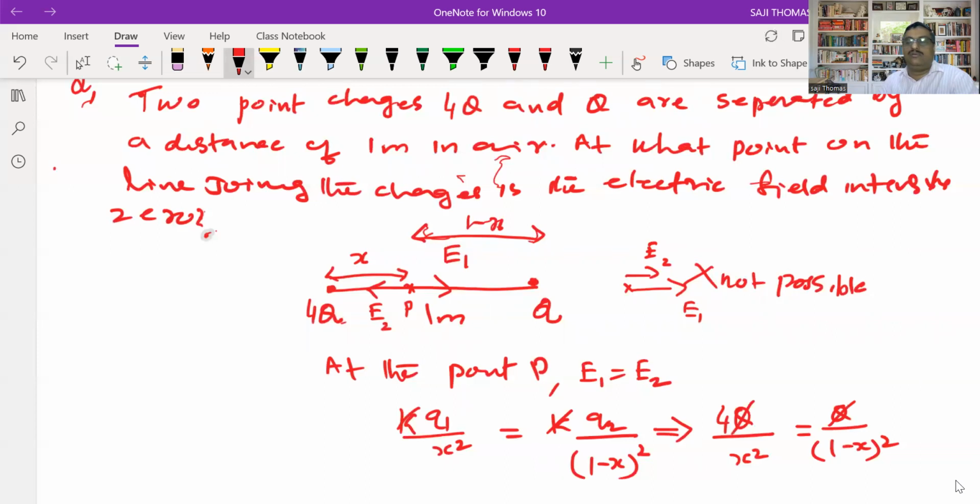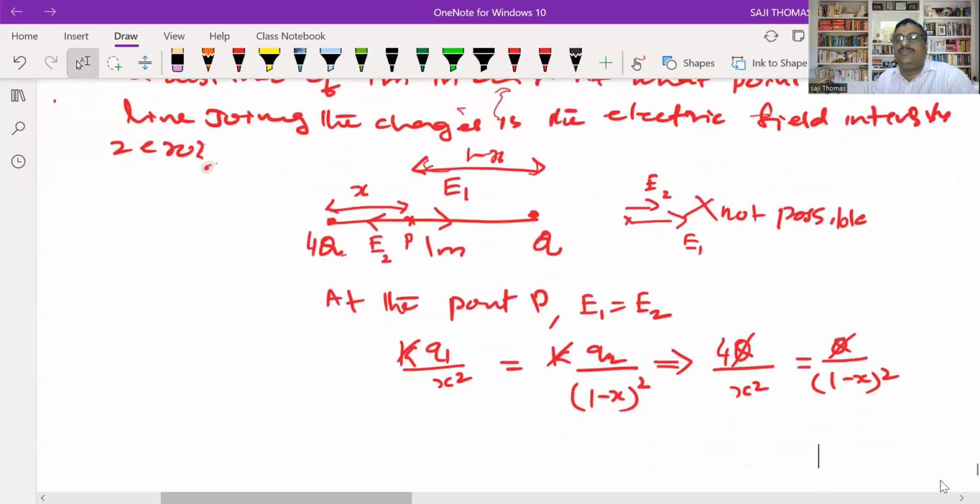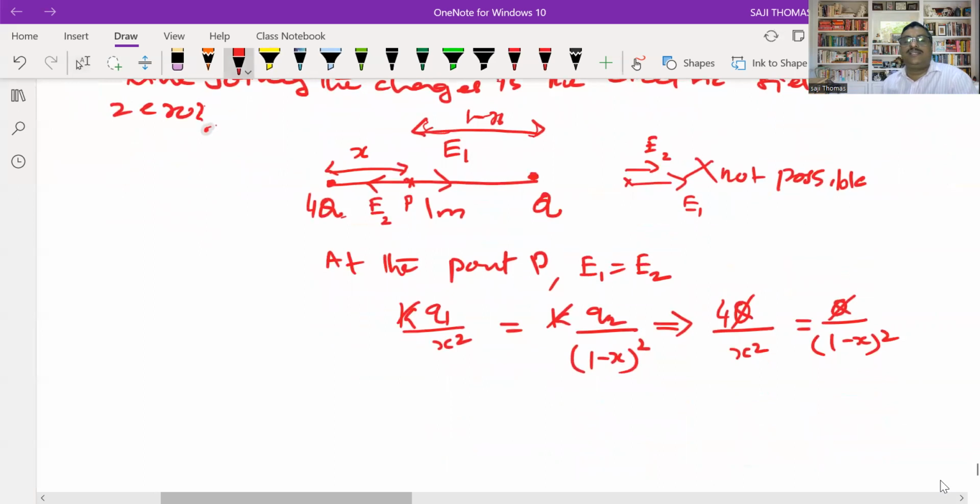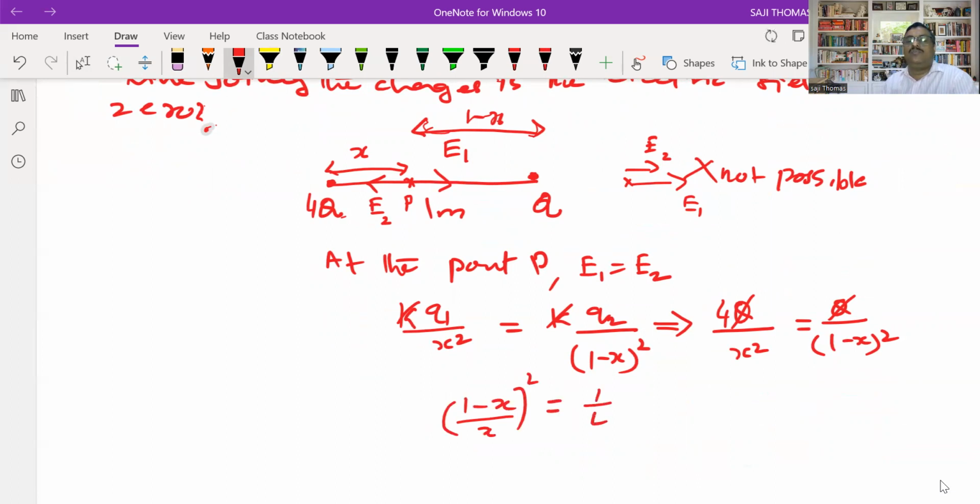Cancel Q. So if you rearrange, what will you get? (1 minus x) by x the whole square is equal to 1 by 4, right? So (1 minus x) by x is 1 by 2.